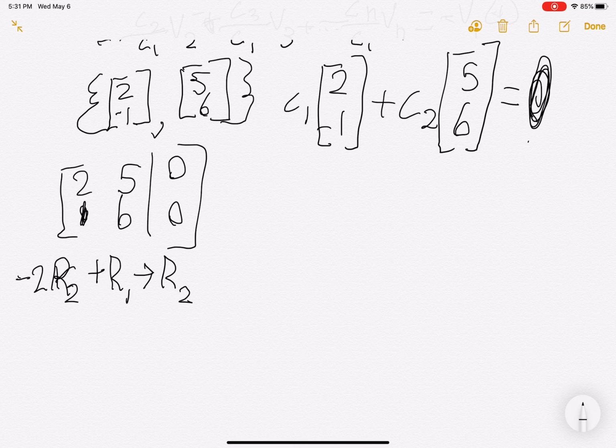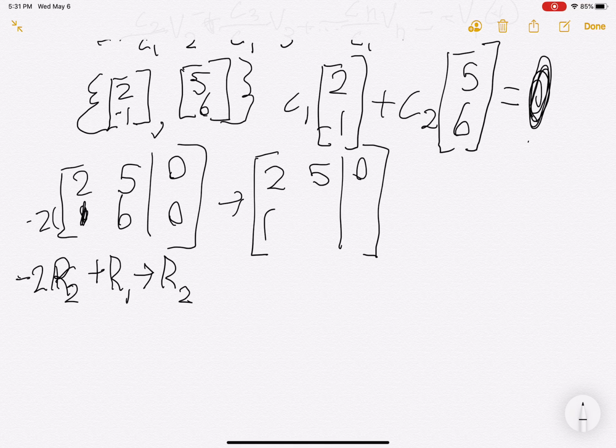Okay, so let's do that. We get negative 2 times this row, so this becomes 0. This remains unchanged, remember? Negative 2 times 6 is negative 12. Negative 12 plus 5 is negative 7, and this remains 0.